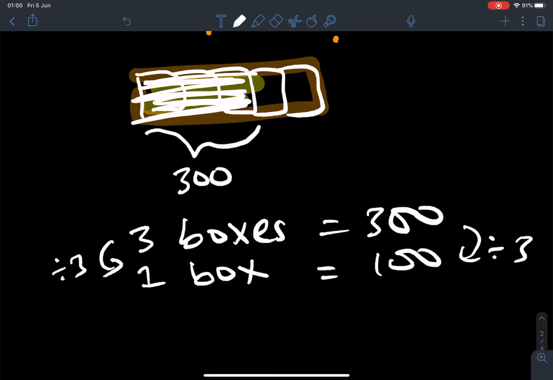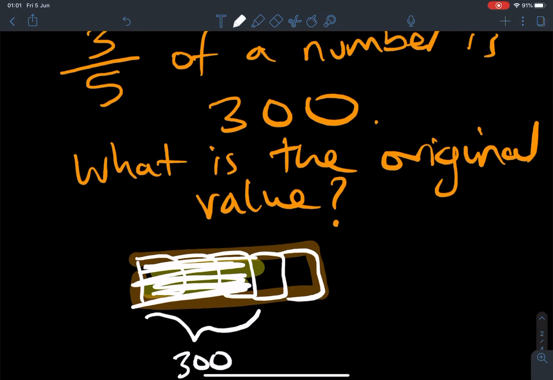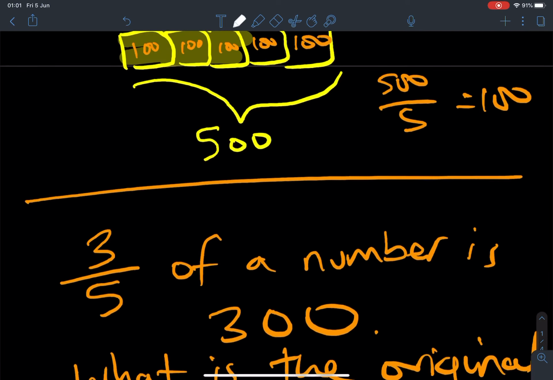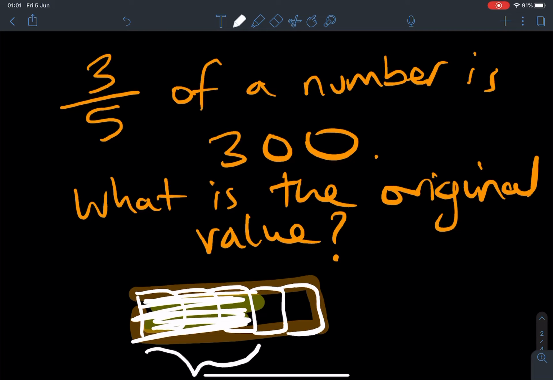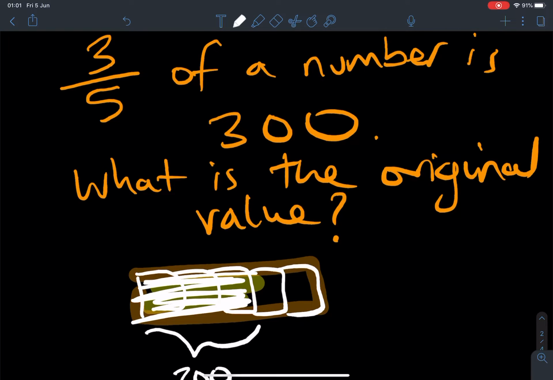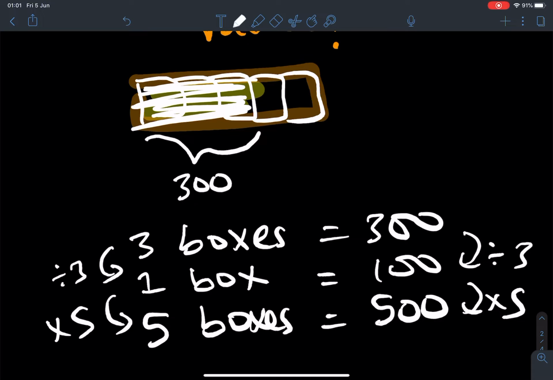So therefore, all 5 boxes is equal to 500. Okay, so now we've done 2 different types of questions. A slightly more simple one, what is a fraction of an amount, and another one where you're expected to work backwards. So hopefully you found that useful.